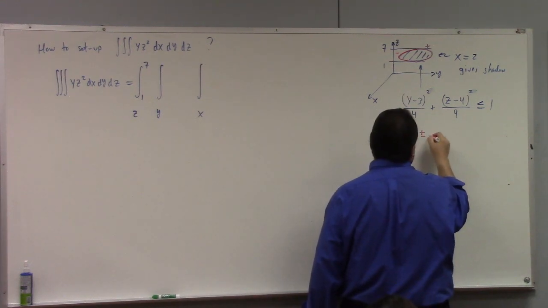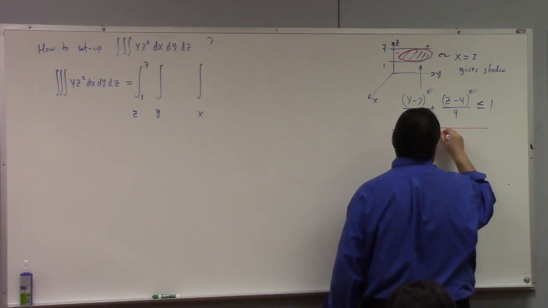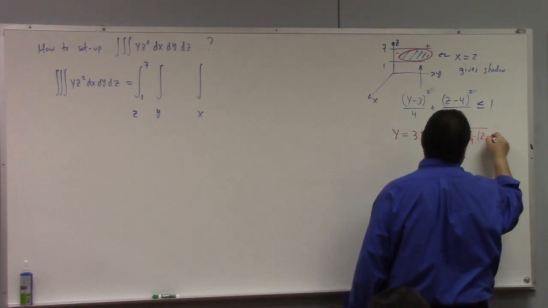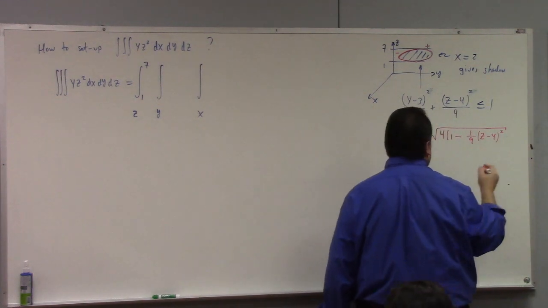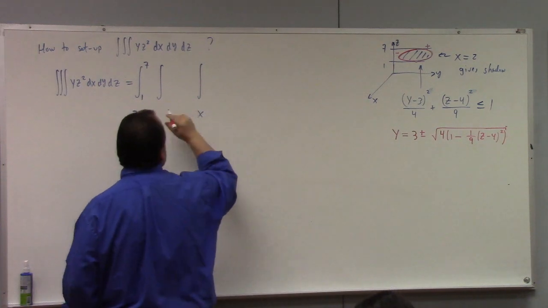Y is equal to, well, 3 plus or minus the square root of 4 times 1 minus 1/9 z minus 4 squared. If I've done that correctly, I think I have. So I have to put those here.